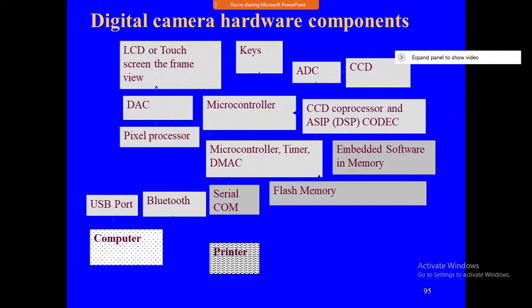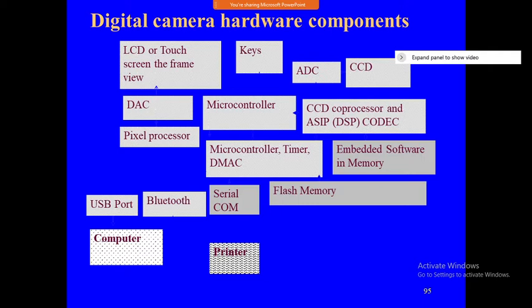First we are going to see the hardware components. What is necessary for input and output? We need the LCD or a touch screen for frame view. Next, keys are necessary for moving in, out, and clicking. Next, ADC and DAC are necessary for converting analog to digital and digital to analog.